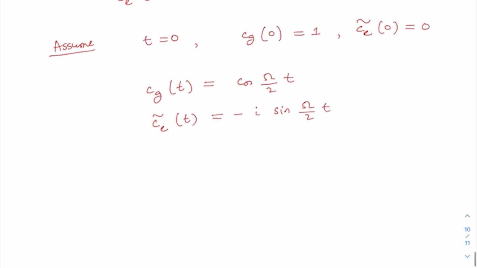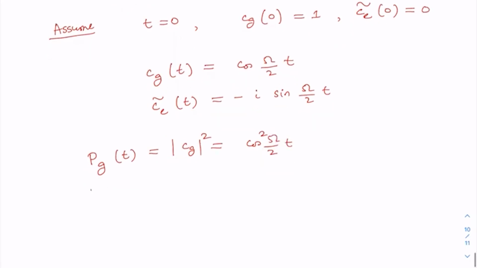The ground and the excited state populations will therefore be given by the probabilities. So Pg(t) is equal to |Cg|², which is equal to cos²(Ωt/2). On the other hand, the population in the excited state would be given by |C̃e|², and that would be sin²(Ωt/2).